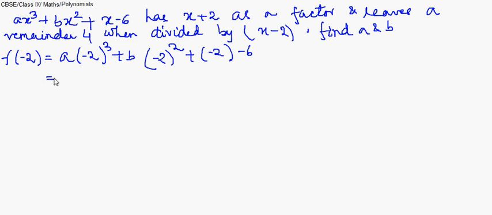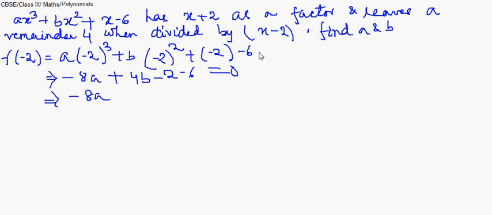So it is minus 8a plus 4b minus 2 minus 6. This should be equal to 0 because x plus 2 is a factor. So it is minus 8, and if I carry it to the other side, it is 8. Thereby reducing this equation by 4, it is minus 2a plus b equals 2. And this is one equation.